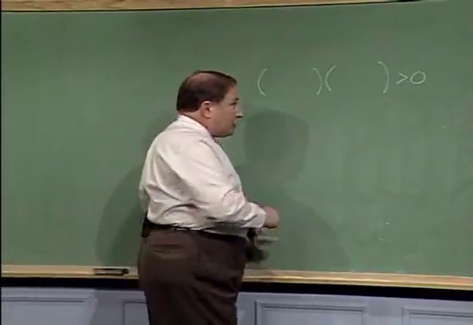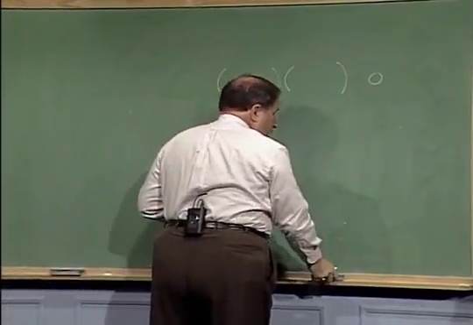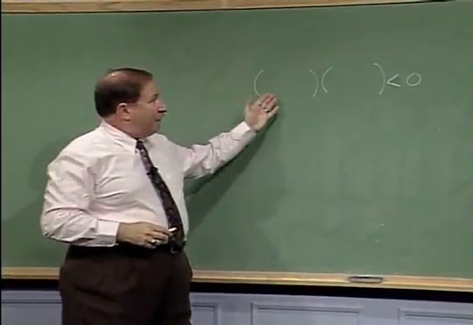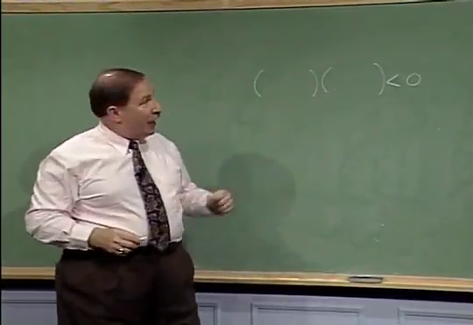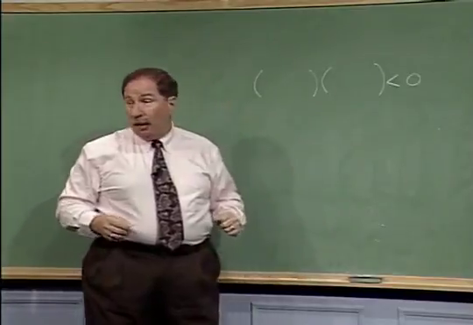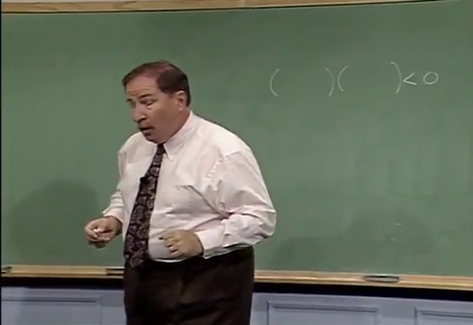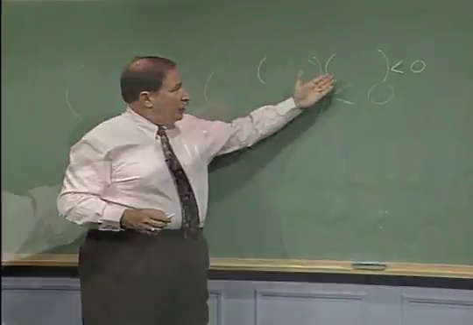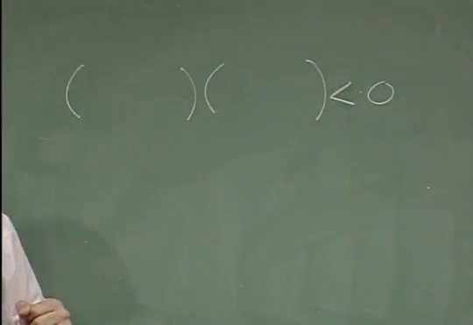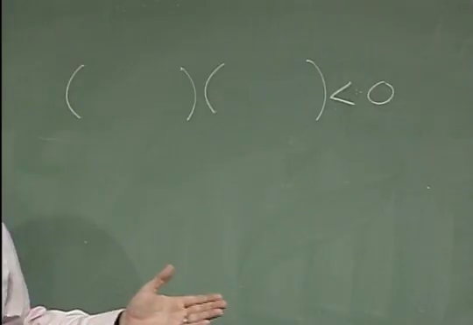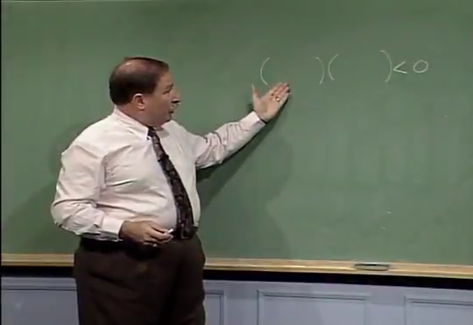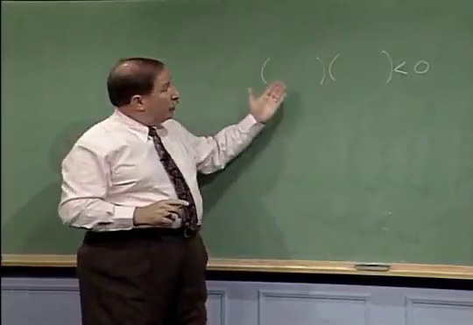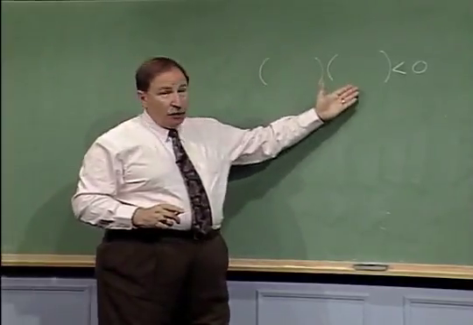Now, what happens when I have that quadratic inequality and factor the quadratic into two terms, and it would be less than 0? What does less than 0 mean? Well, that would mean that one of these is positive and one of these is negative, because less than 0 means a negative number. So the first one could be positive and the second one could be negative, or the first one is negative and the second one is positive.